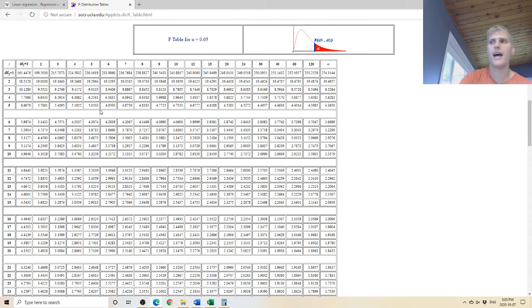And we can have a look at our f table. Our f table here shows degree of freedom for our numerator 2 and denominator 2 brings us to 19. Now this is the f table for 5% significance. That's the first one we're working through.